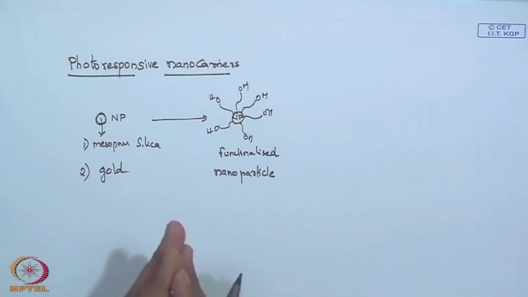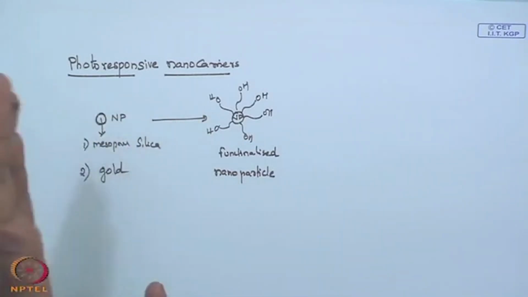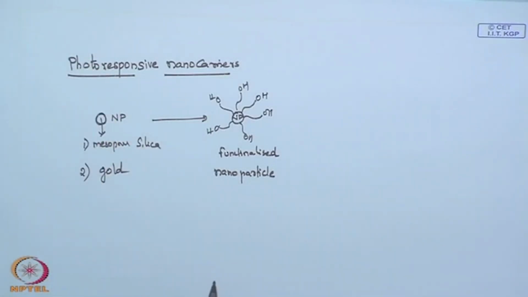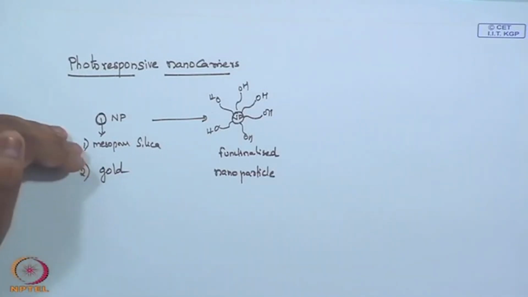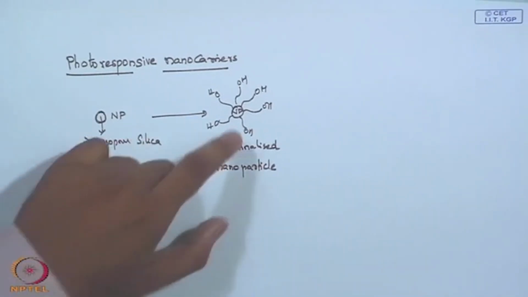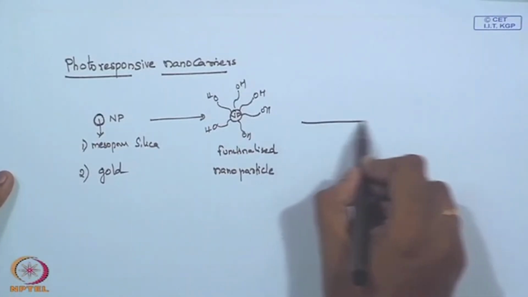So far you have seen the basics of photochemistry, but you should know what is really happening right now in the photochemistry field, because that is very important for you. So you have a mesoporous silica nanoparticle, and they just functionalize it. Now, the interesting part is what they are doing.